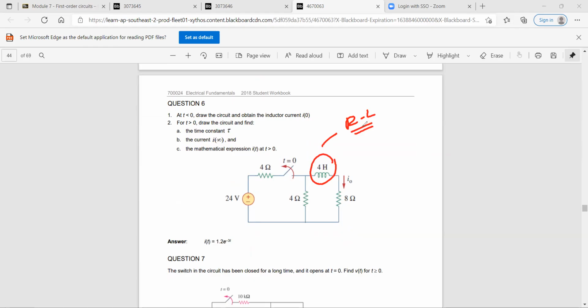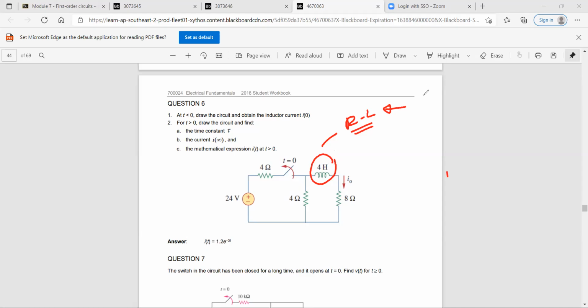Here again, we have two situations. In RL circuits, what is happening is the current across the inductor is changing with time. When it is charging and discharging, the current across the inductor is changing.